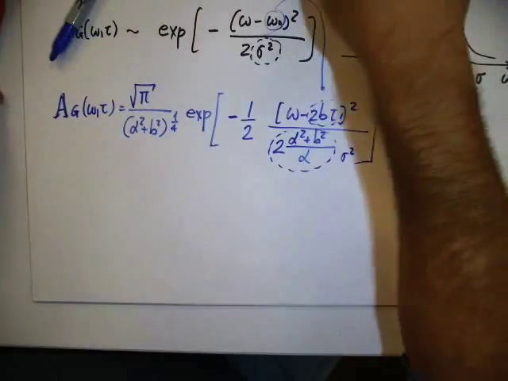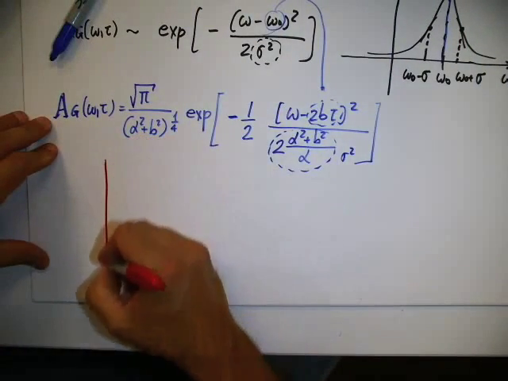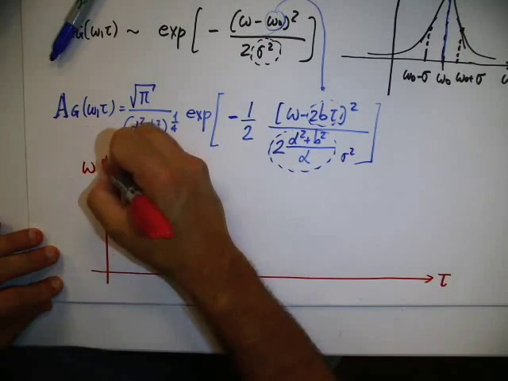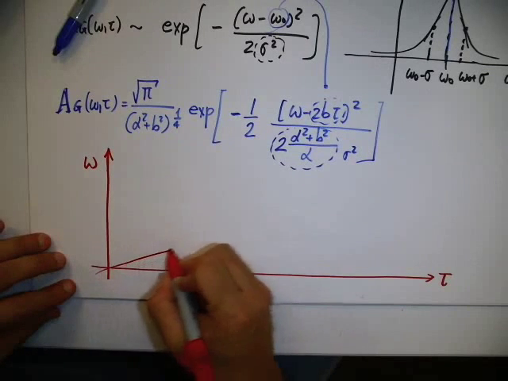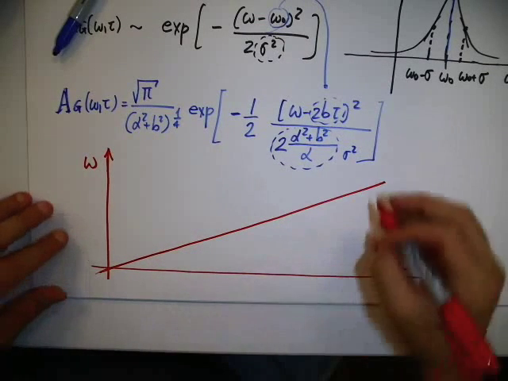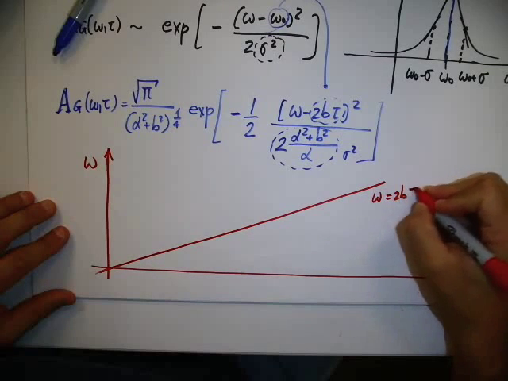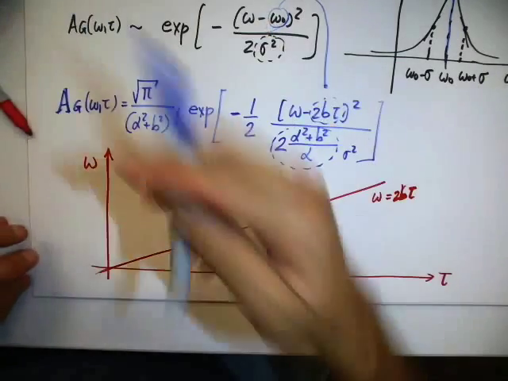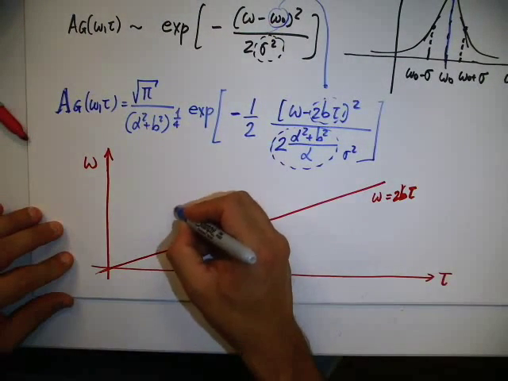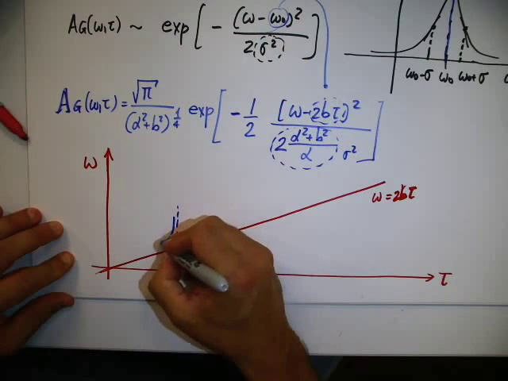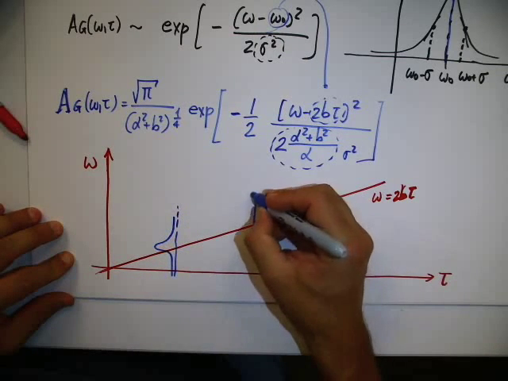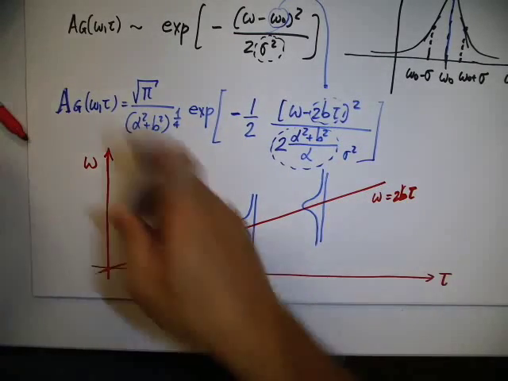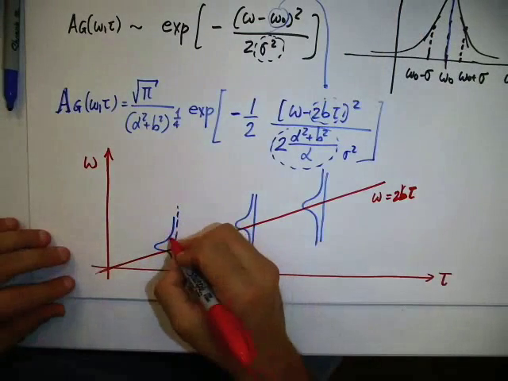So if I try to plot this function, the amplitude, as a function of tau and omega, the maximum is attained on omega equal to beta tau. And then at any given tau, there will be a spread given by a Gaussian distribution, and this spread will be easy to compute.